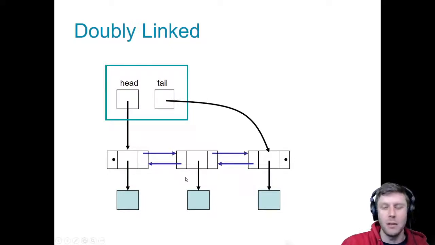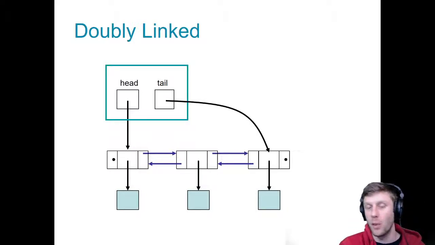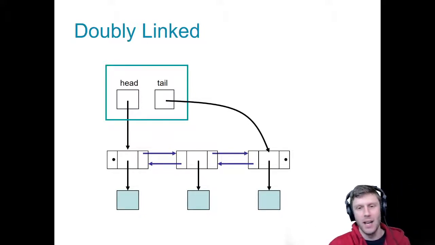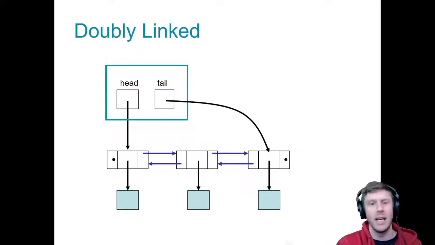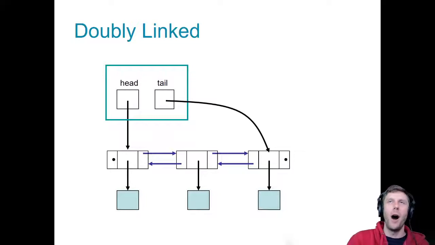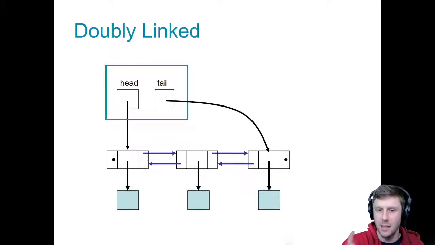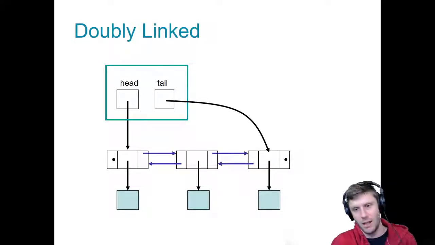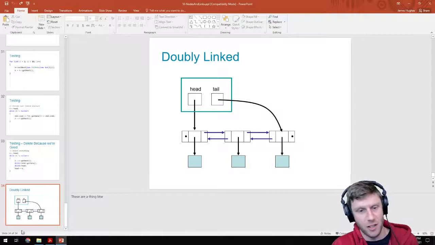But I'm sure you can understand and appreciate how much more bookkeeping would be required for our inserts and deletes. There's a lot more pointers to keep track of. It's not prohibitively difficult, it's just a little bit more difficult. And we're not going to use these doubly linked structures because part of the exercise is using this limited, constrained, singly linked list and then seeing what we can do with it and playing around with it. So that's that for linked structures.